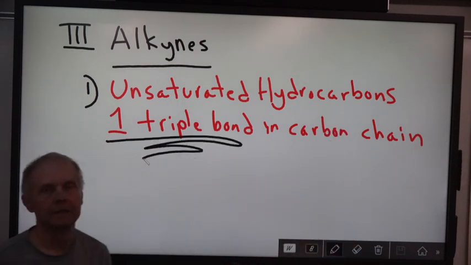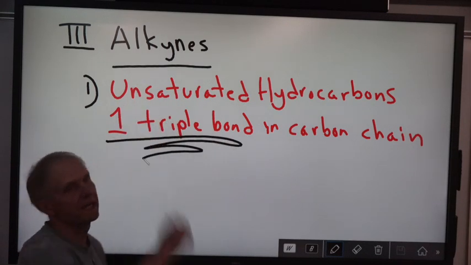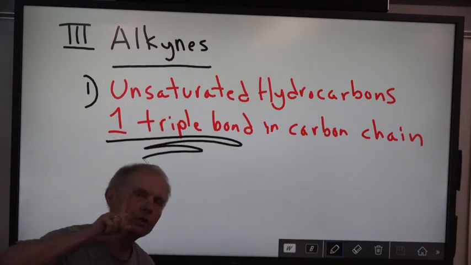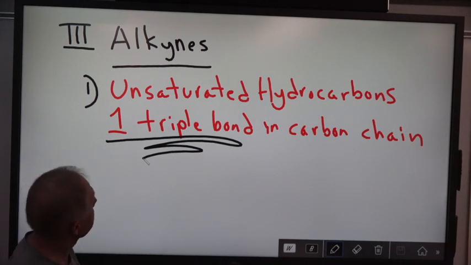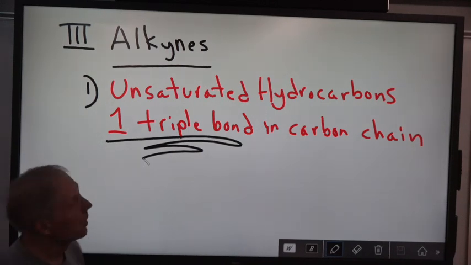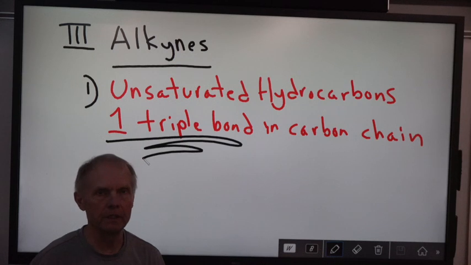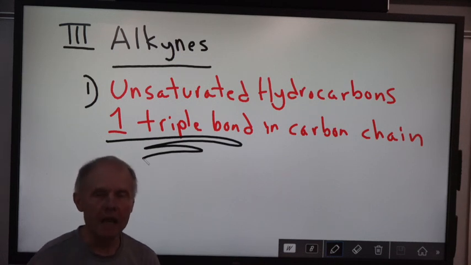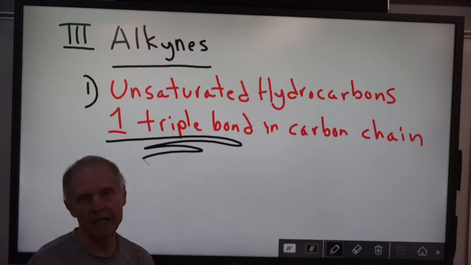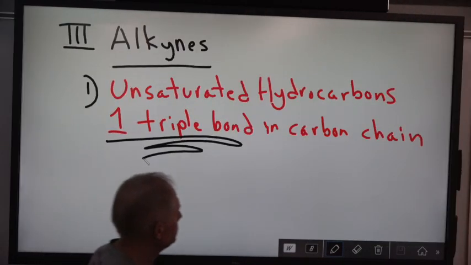This is the biggie here. If it's an alkyne, it's got 1 triple bond somewhere in the carbon chain. All right? So alkanes are saturated, alkenes are unsaturated because they have a double bond, and alkynes are unsaturated because they have a triple bond.